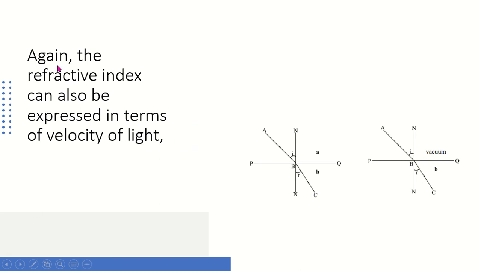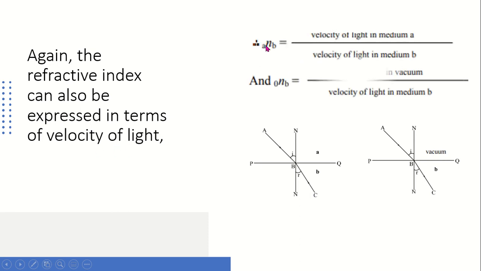So again, the refractive index can also be expressed in terms of the velocity of light. So aNb equals velocity of light in medium A divided by velocity of light in medium B. So when you express refractive index with the velocity of light in both media, the numerator will be the velocity of light in medium A. Light is coming here from medium A to medium B. That means medium A is the first medium and B is the second medium.